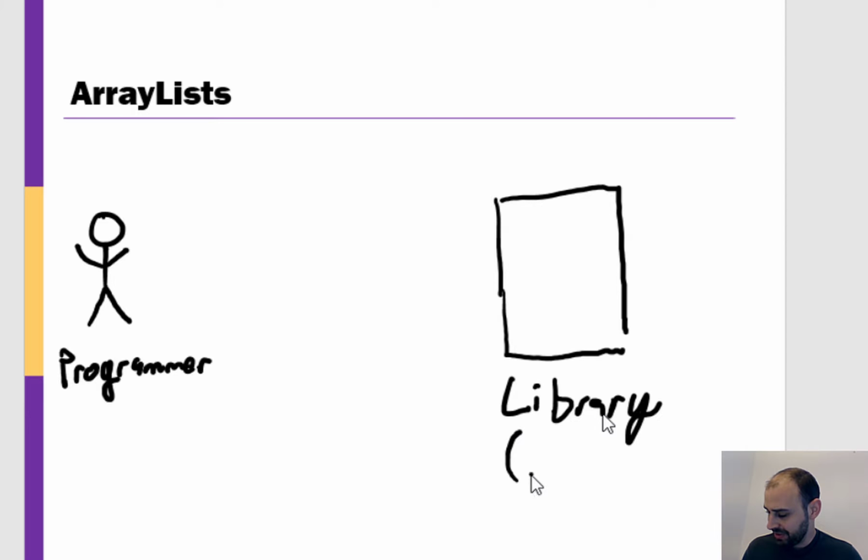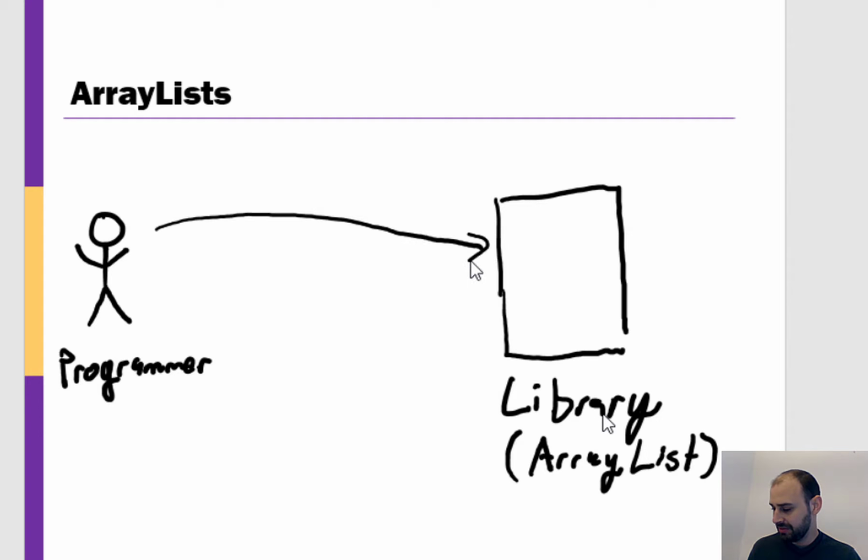I'm actually going to call this an ArrayList library. Now, a programmer might want to do a few different things using this library. Maybe the programmer wants to create an array.